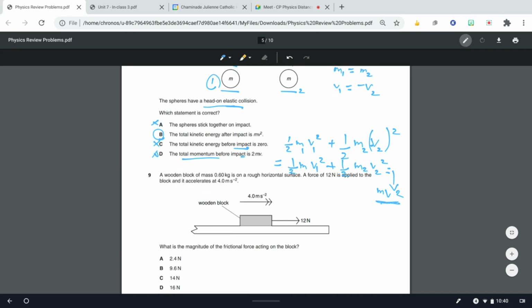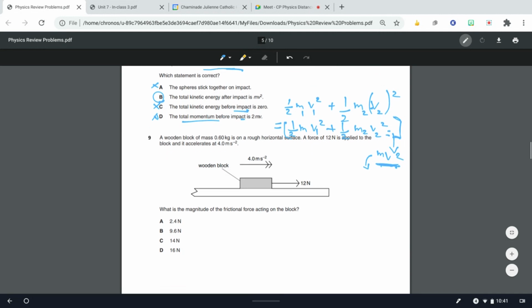The kinetic energy is conserved in elastic collisions. So if the total kinetic energy before impact is mv squared, it would be the same after the collision as well. Right?